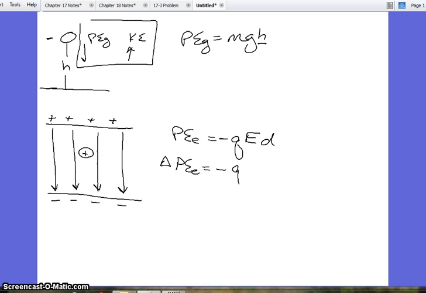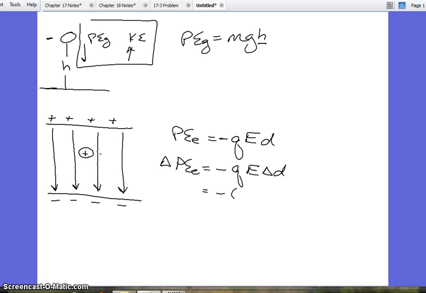And so this is the opposite of QE delta D, how far it is moving, its distance. And so we say that this change in potential energy should be negative, because the potential energy should go down if energy is conserved.